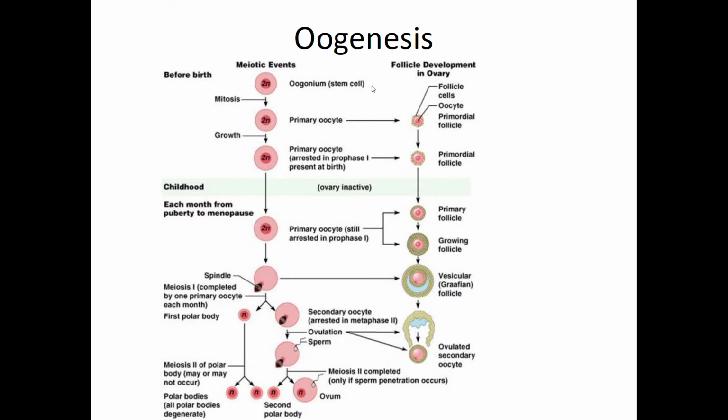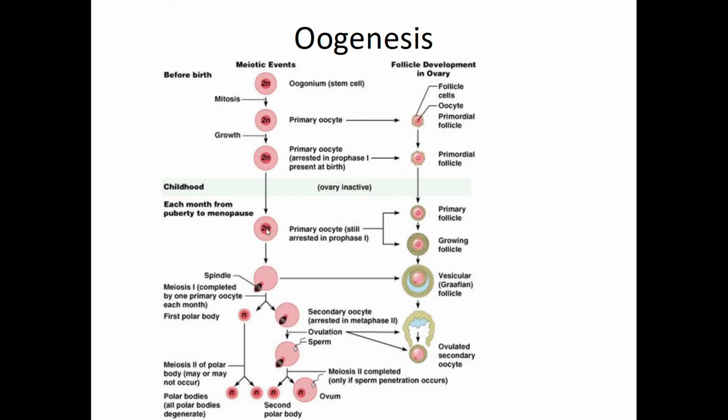So we're developing these primordial follicles, these 2N cells. At birth, we have a set number of these primordial follicles that are going to be staying there, this primary oocyte in the primordial follicle. And then every month from puberty until menopause, one will be prepared and ovulated.